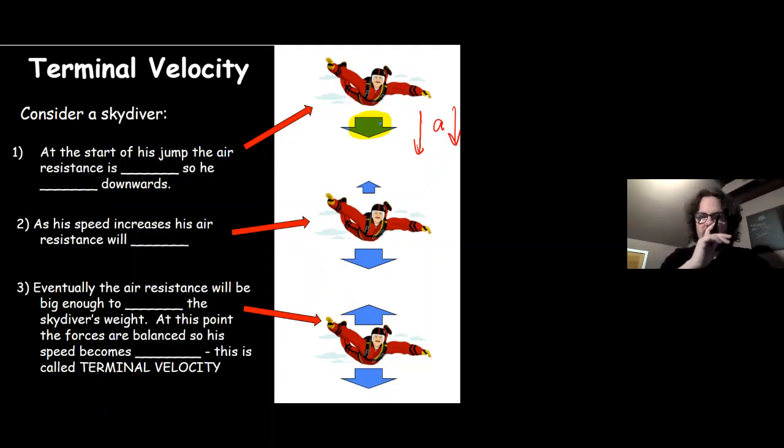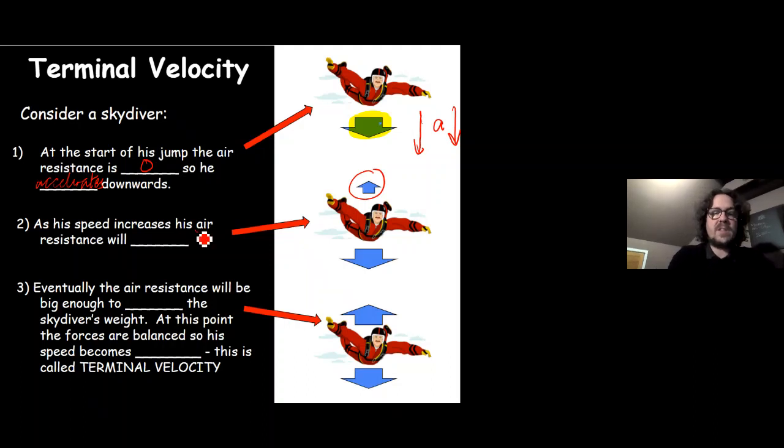He speeds up. But as he speeds up, right, the air resistance is 0, so he accelerates downwards, okay? But as he speeds up, this force starts to come into play, okay?